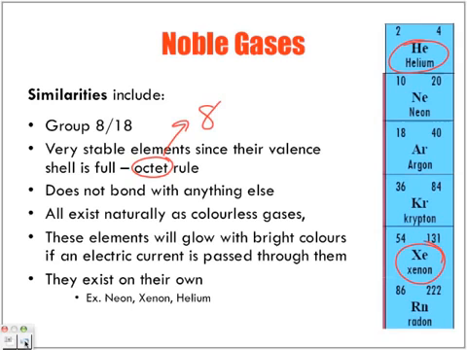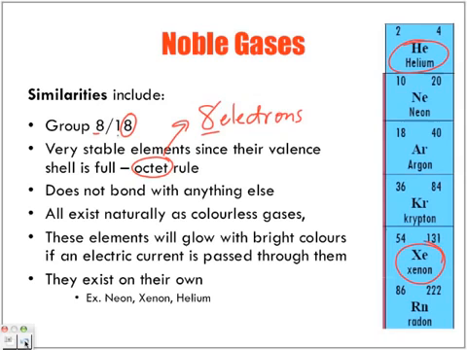Now, in terms of also the similarities and the idea of the 8 valence electrons, or the full octet, right? Valence shell is full. So it's full with 8 electrons. And as we've said in all the previous examples, notice 8 with the 8 from 18, right? And that's why we'll refer to it as group 8 or group 18, right?